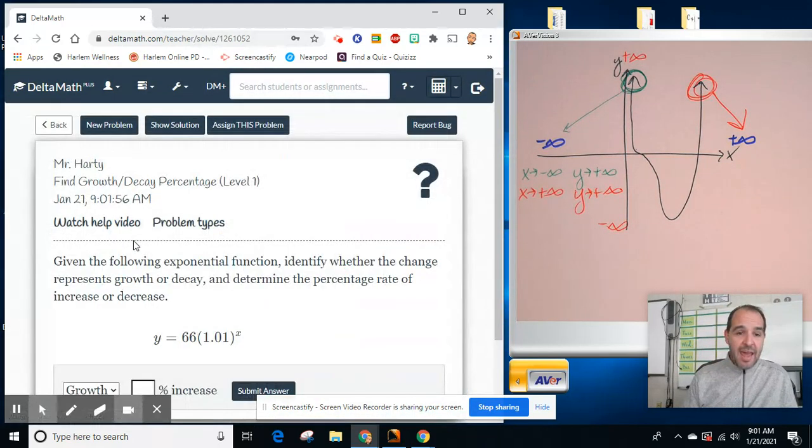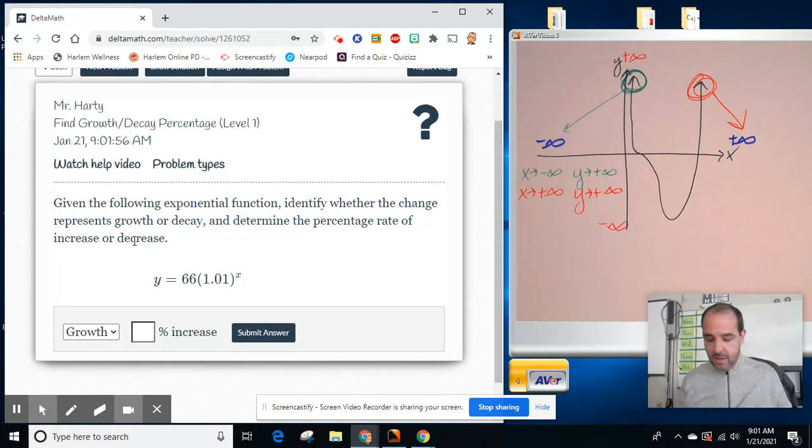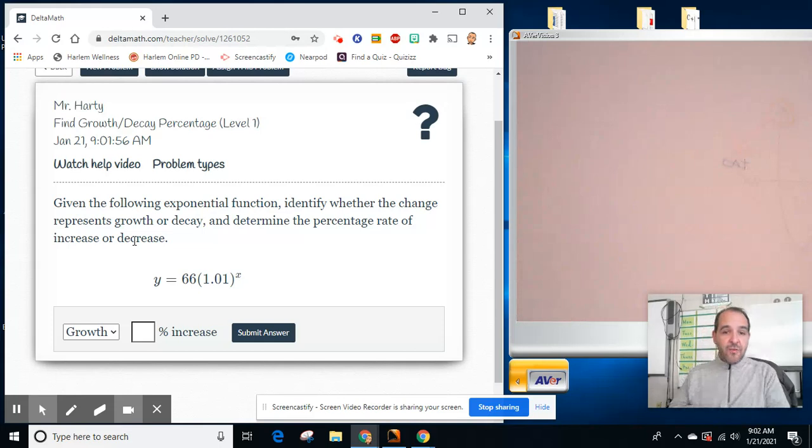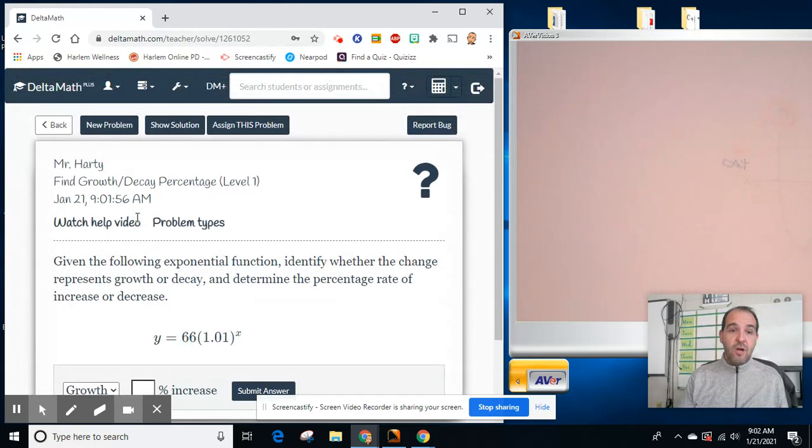Okay, growth and decay. All right. So when we do growth and decay, given the following function, identify whether it's growth or decay and determine the percentage rate of increase or decrease. Okay, so here's the other deal, and I'll make reference to this. I'm not going to do it right now, but I'll make reference. You are still going to have access to the help videos and questions, okay?